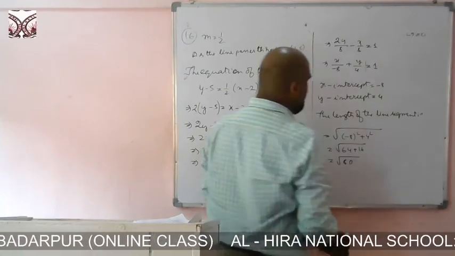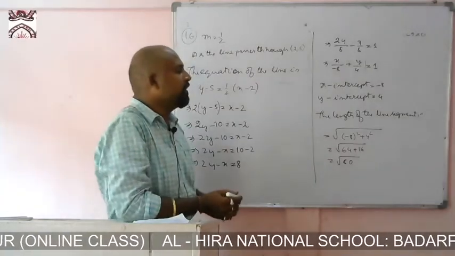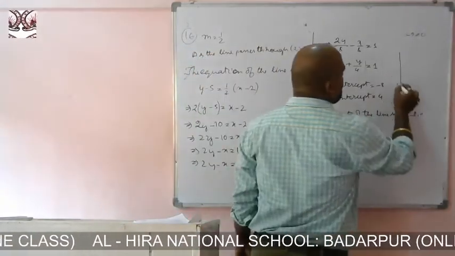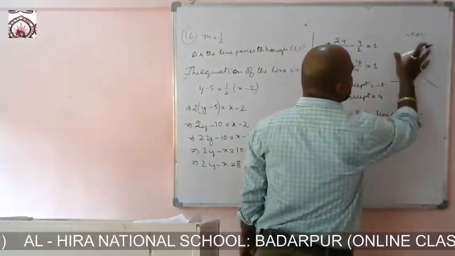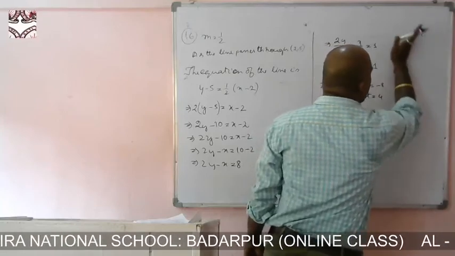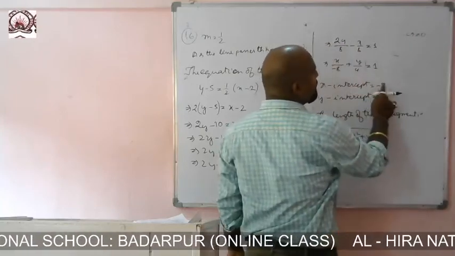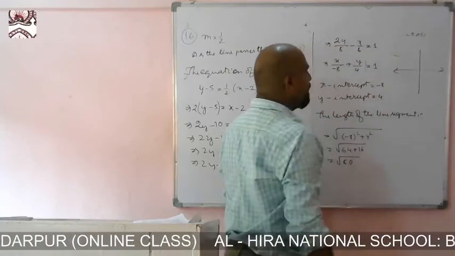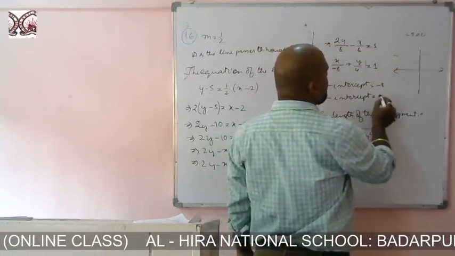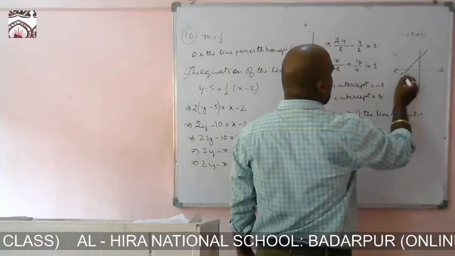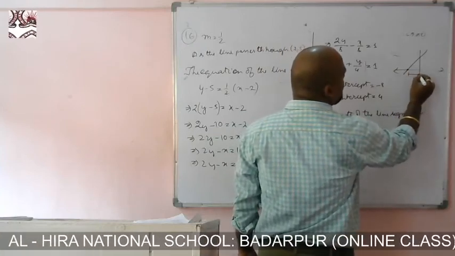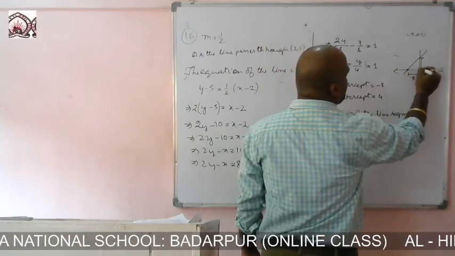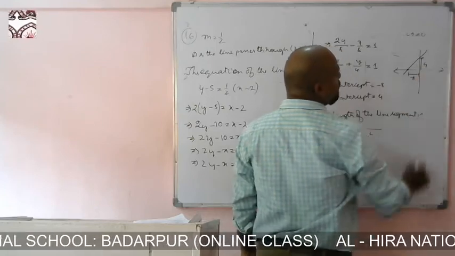Okay, what is the meaning of this? The x intercept is minus 8, and the y intercept is 4. Here from here to here the distance is 8, and this is equal to 4.